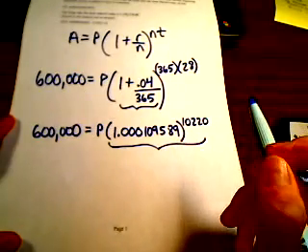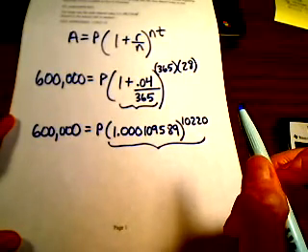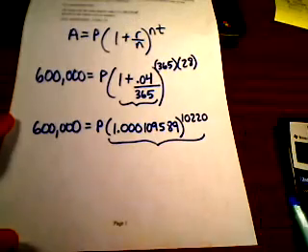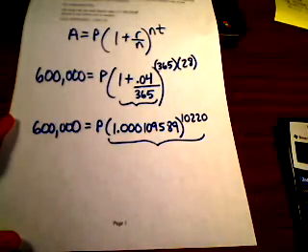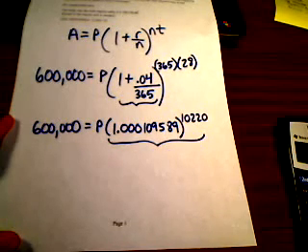This has an exponent attached to it, so by order of operations that would be the next thing that we would do. So let's take that 1.000, and you want to plug the whole thing in so that we can be accurate. And we're going to raise it to the power of 10,220.